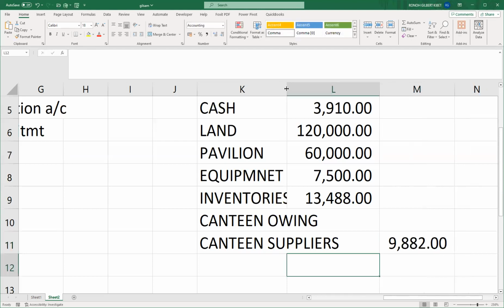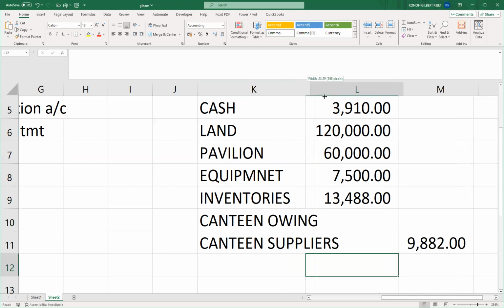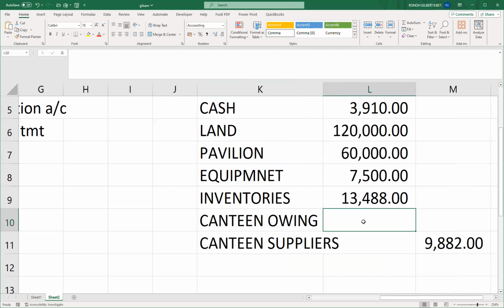And then canteen expenses owing, 676. What else? For 2017, we have not captured.